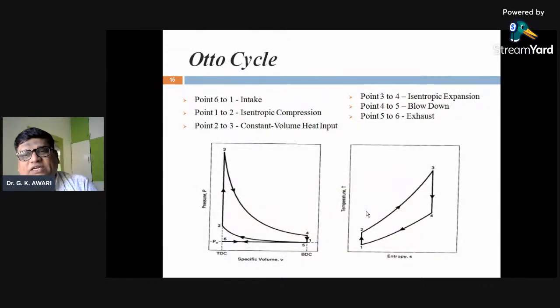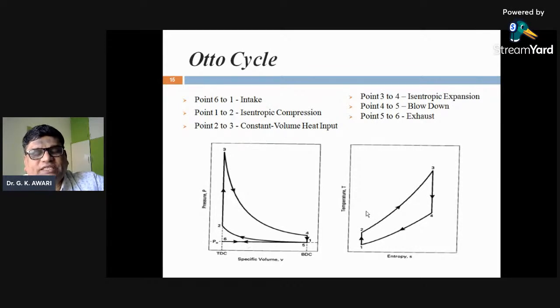And then we started with the Otto cycle, which consists of two isentropic processes, isentropic compression and isentropic expansion, and also the heat addition and heat rejection at constant volume.